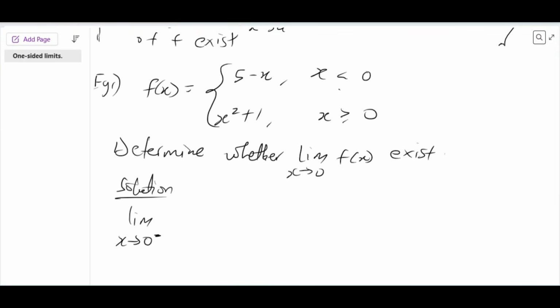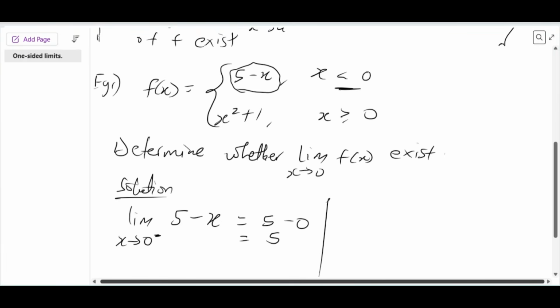Which function fits that prescription? It is the 5 minus x. So we use that for our limit as x approaches 0 from the left. That is 5 minus 0, which is equal to 5. So the limit of f of x as x approaches 0 from the left is 5.